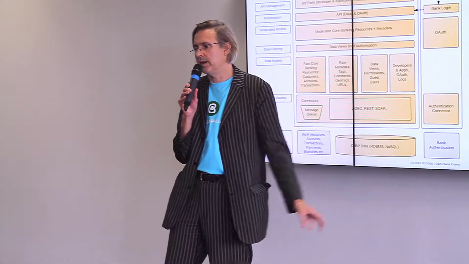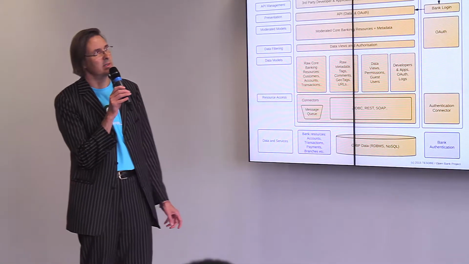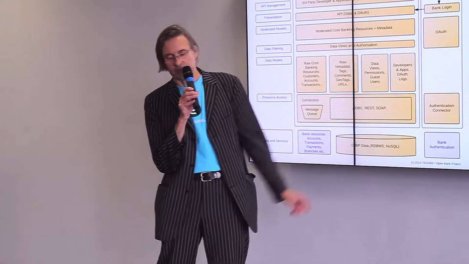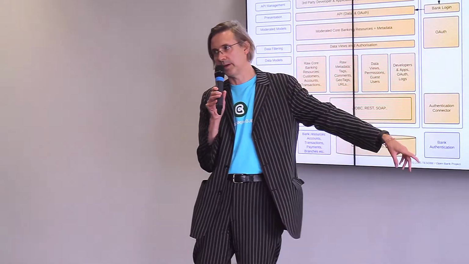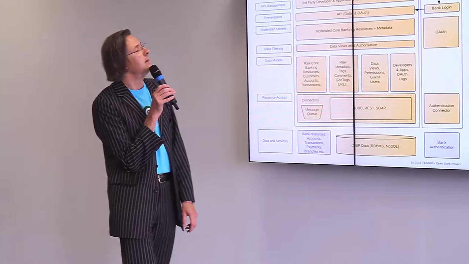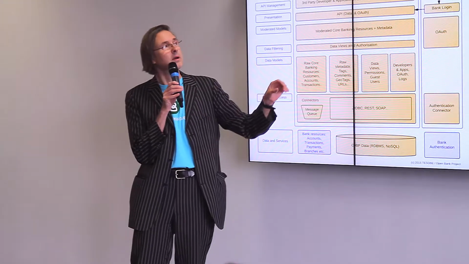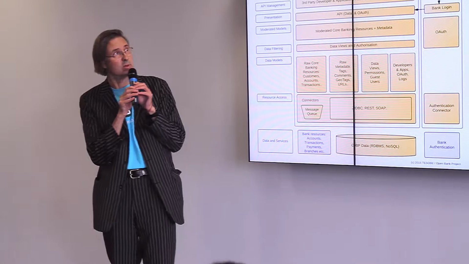In our system, we have an OAuth server, which we Apache license actually. That means that all the applications authenticate using OAuth, and we connect to the bank authentication system there. Then we have other layers which handle the permissions, what can be seen, and then it's surfaced at the API at the top.